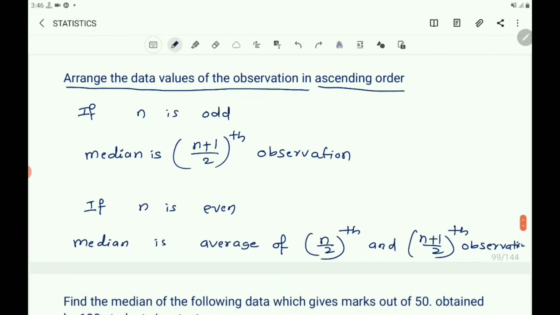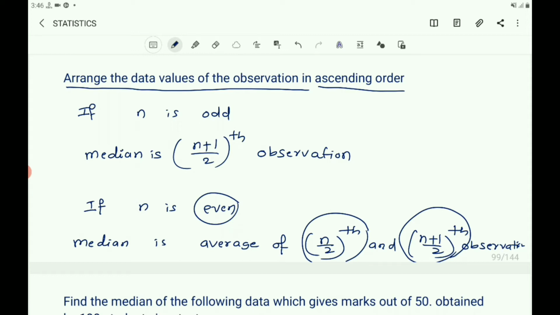If n is even, the average of n by 2th observation and (n plus 1) by 2th observation becomes the median. If n is even, then what is the median?